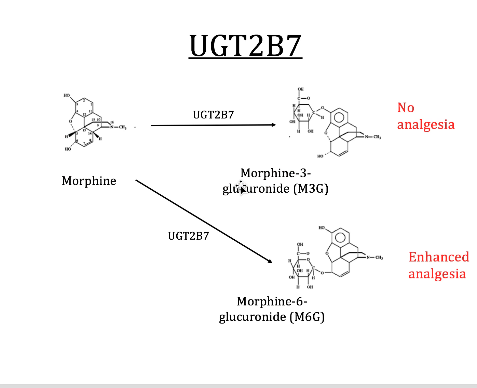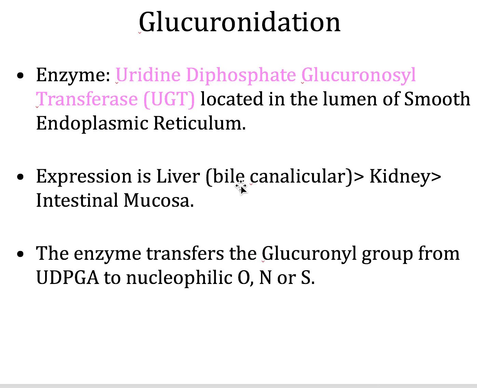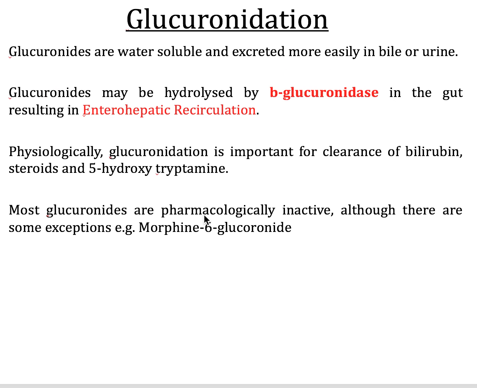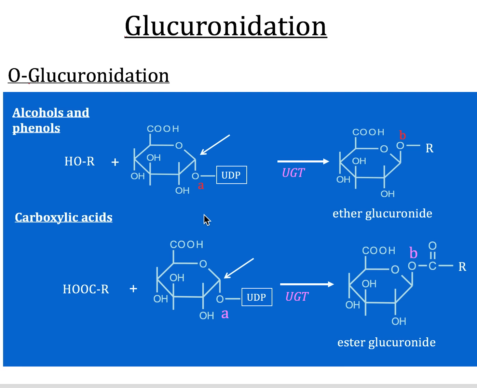If you remember the donor back again, the donor was something that was made here. So UDP glucuronic acid, this is the donor formed in the glycogen synthase. If you go back, as you can see, this is the functional part that we're going to remove.